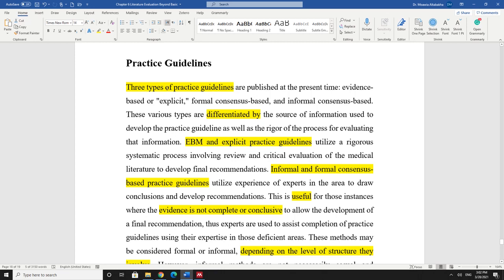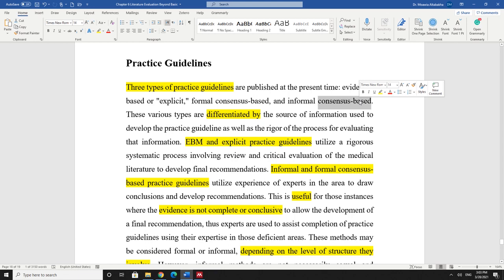There are three different types of guidelines. First, evidence-based, or they call it explicit. The other two are formal consensus based, meaning it has been agreed by experts. We have formal and we have informal consensus based.